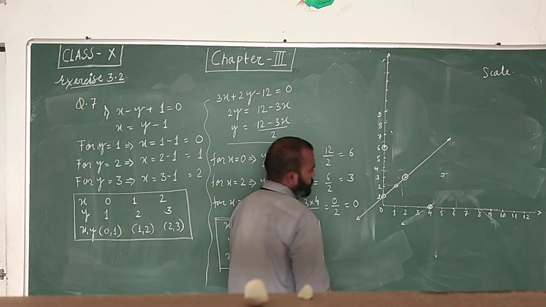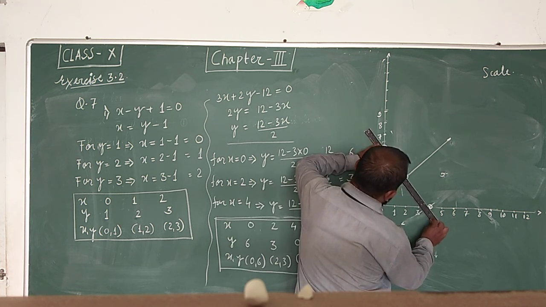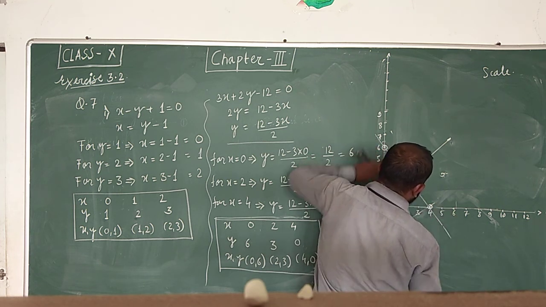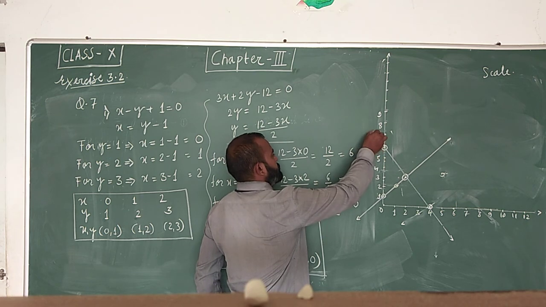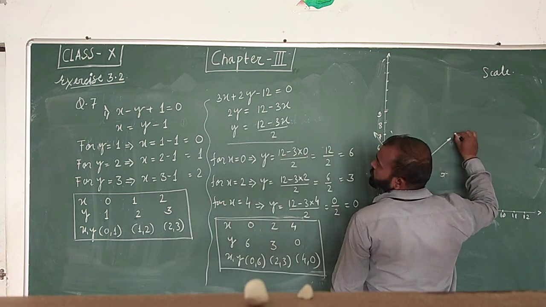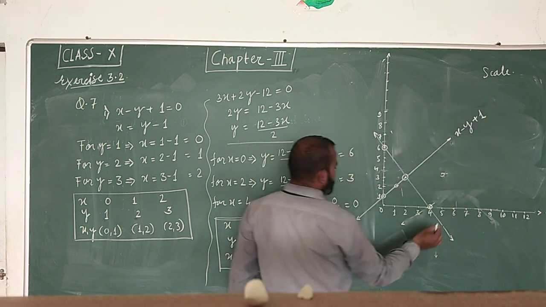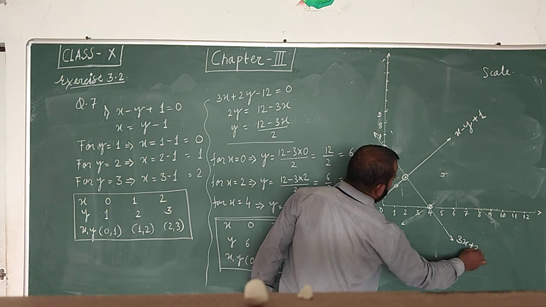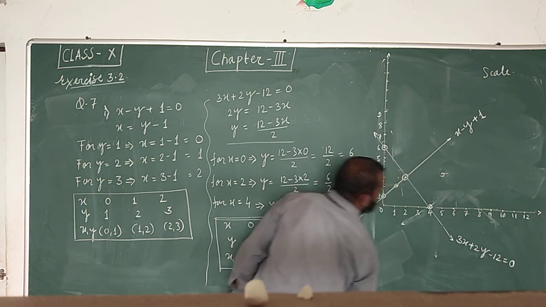Here it will come and join this one now. Now what was the next equation? This line is for x minus y plus 1, and this line is for 3x plus 2y minus 12 equals to 0.